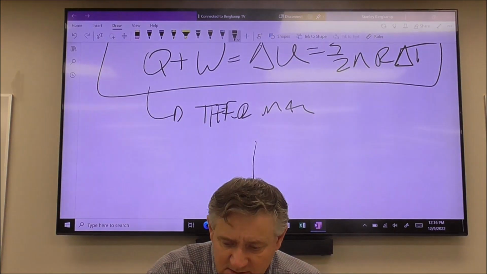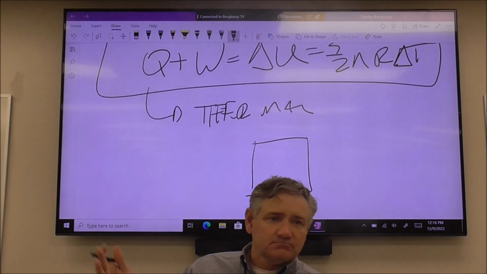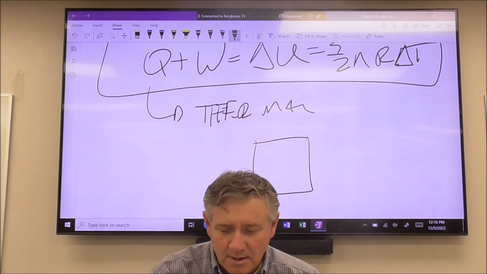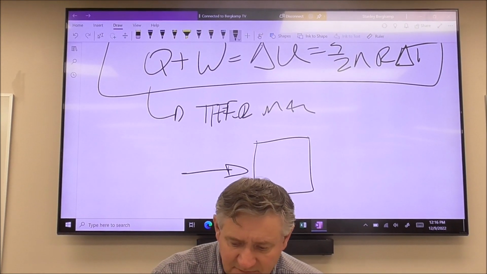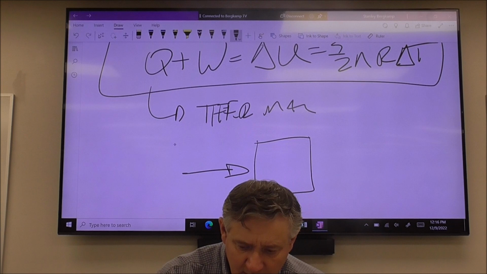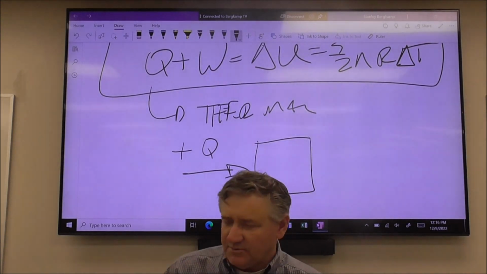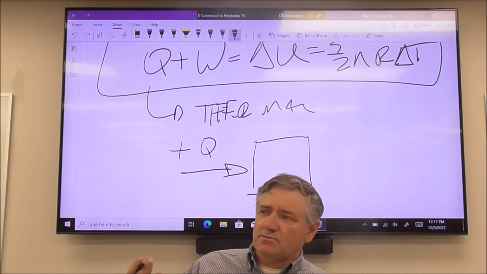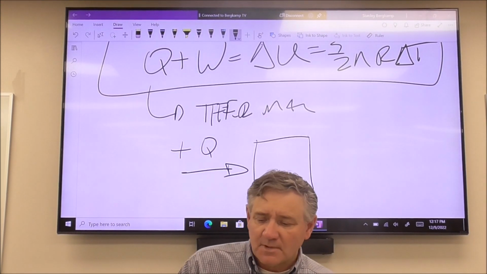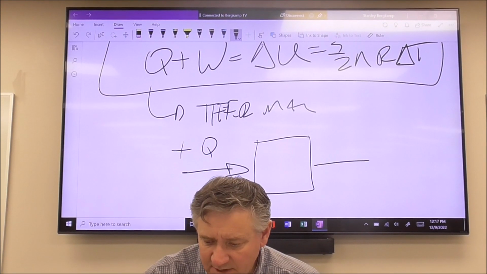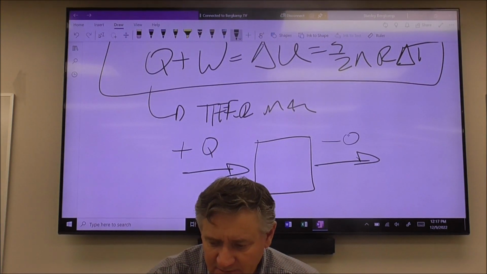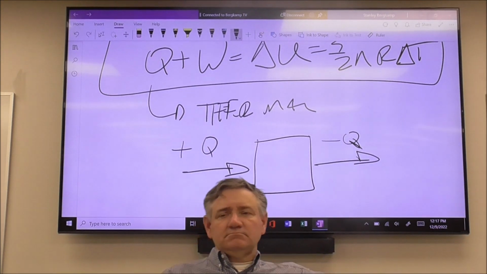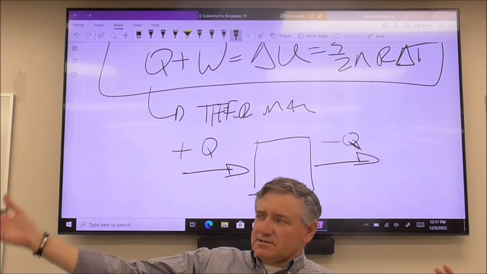If this is your system, a thermometer, a test tube, whatever it is, and energy is flowing in, you have a positive Q, because that energy is going to go into increasing the thermal energy of the system. If energy is flowing out of the system, oddly enough, you have a negative Q value. So if energy flows in, positive Q; energy flows out, negative Q.